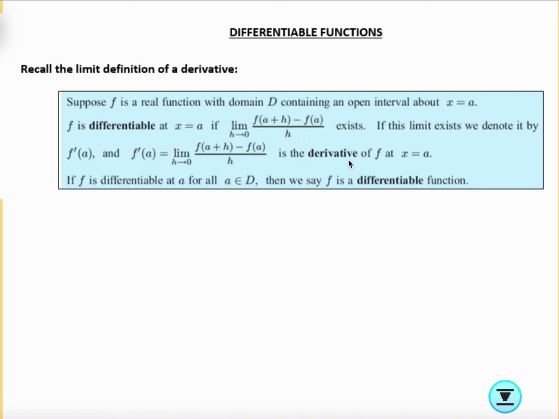If you remember, derivative is just a fancy way of saying the slope or the rate of change at a particular point. So if f, our function, is differentiable at a for every single a that exists within the domain, then we can say that f is a differentiable function.